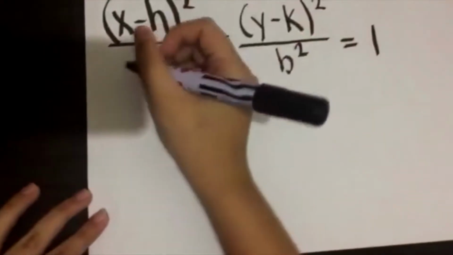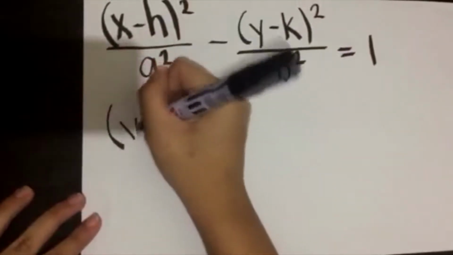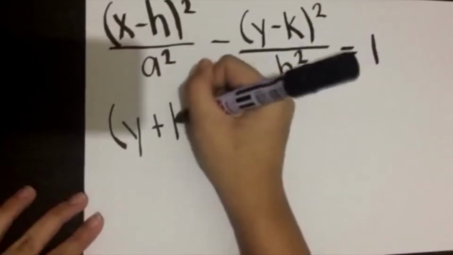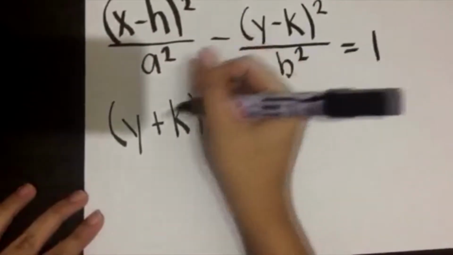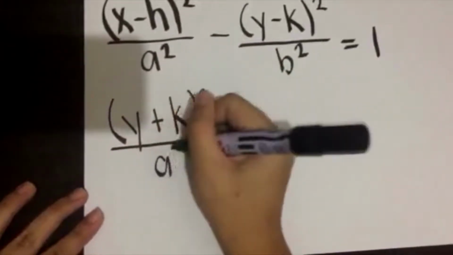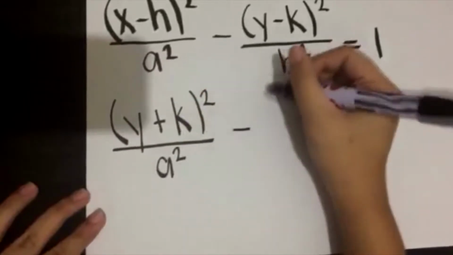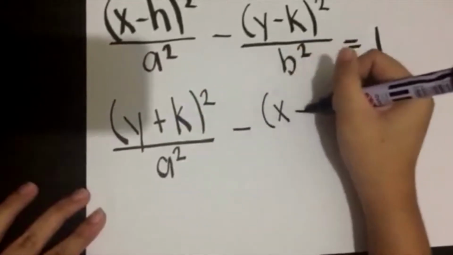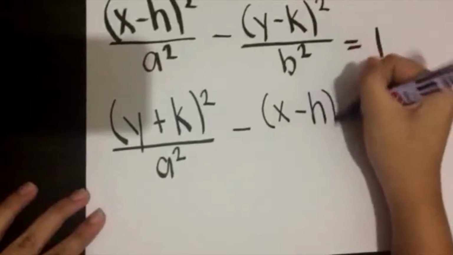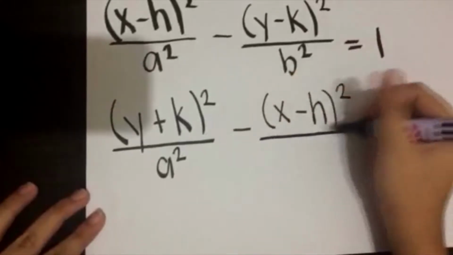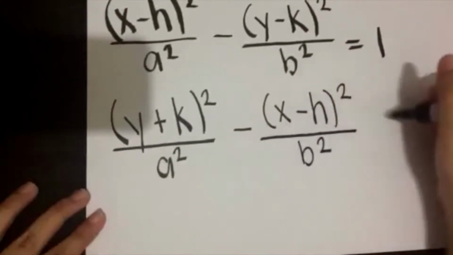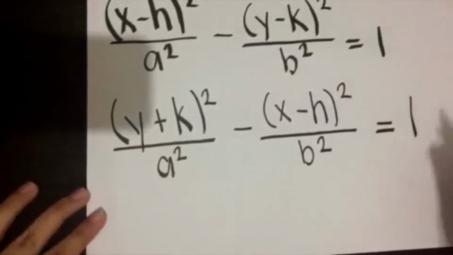For the vertical, it is (y minus k) squared over a squared minus (x minus h) squared over b squared equals 1.